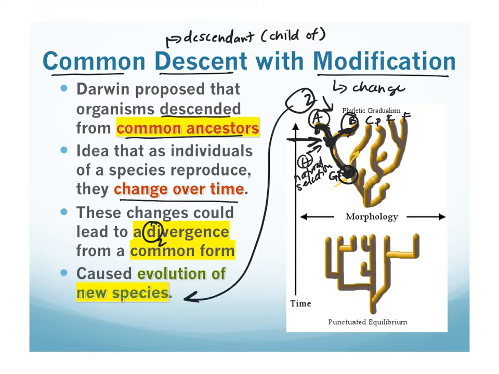So there's some kind of something going on in the environment that causes that split, and we call that common descent with modification, that both A and B descended from that organism right there, and they descended with some changes which makes them unique from one another there.